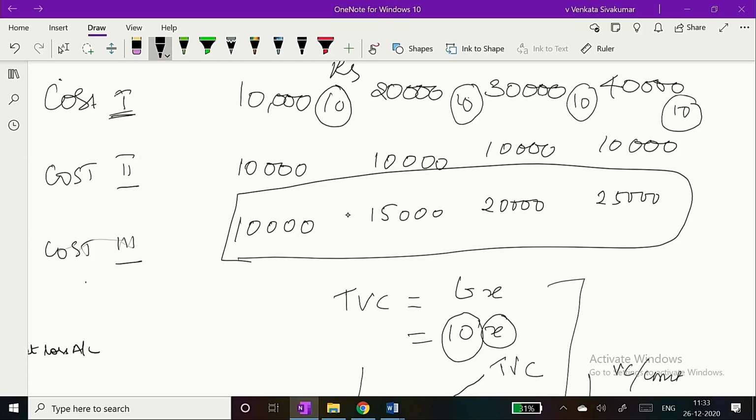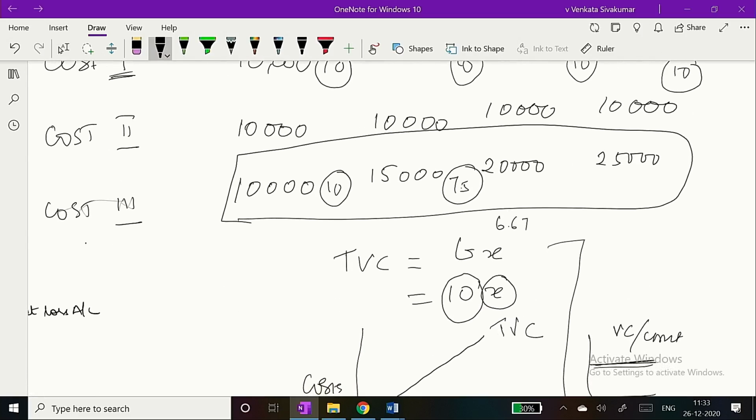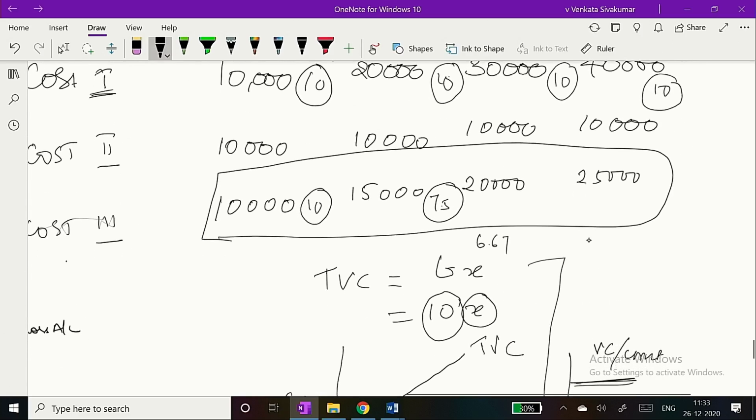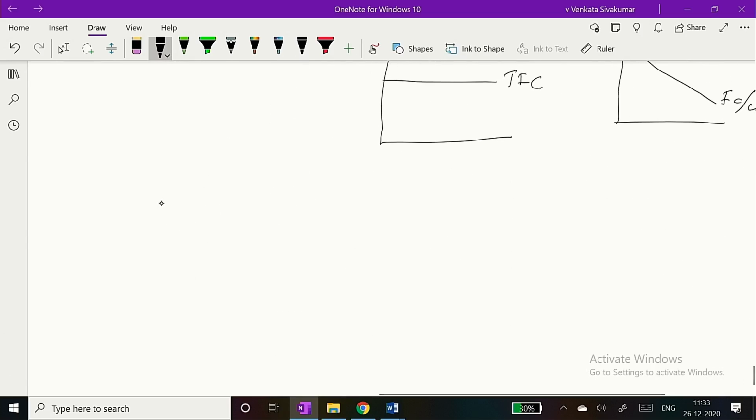Cost per unit is 10, cost per unit is 7.5, 3000s 6.67, and 4000s 6.25. Both are changing. So this is called semi-variable cost. What is a semi-variable cost?